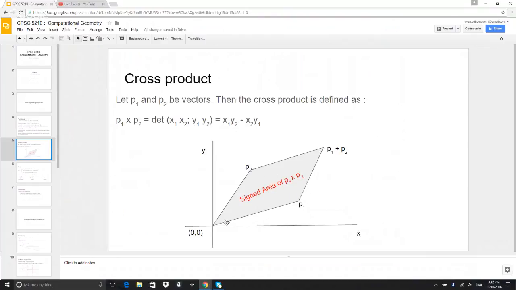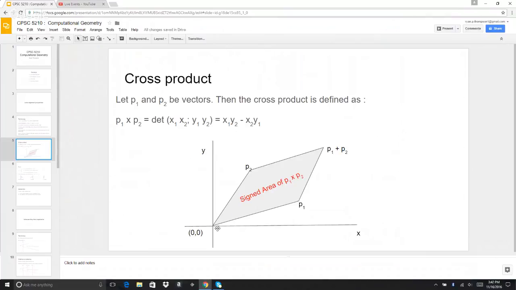This signed area, or the area covered by both of these vectors and the cross product of the vectors, gives you this area below. This is going to be important later when we talk about the distance between points or lines, and how you would determine which direction you're going. So all of these points will be used later.